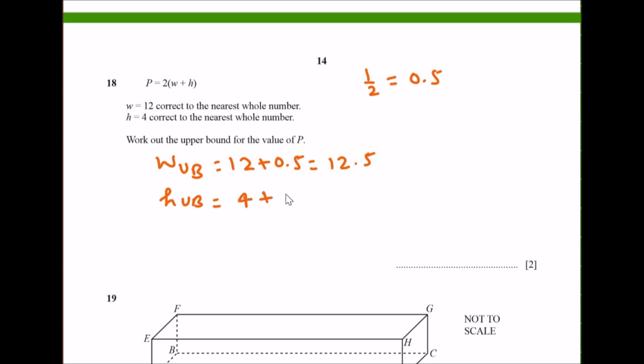Same way, this is also correct to the nearest whole number. So 4 plus 0.5, that is 4.5. Right. Next, we have to find P upper bound. So P upper bound equal to 2 times the value you got here, 12.5 plus 4.5, that is, if we multiply out, this will get 34. So 34 is the answer.